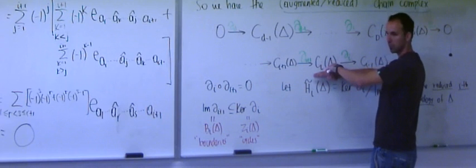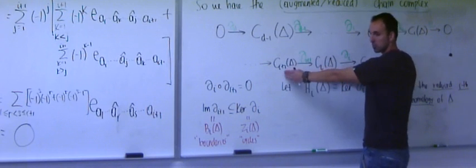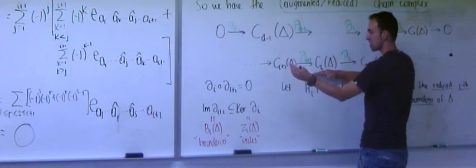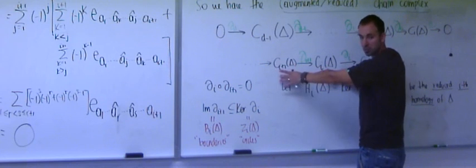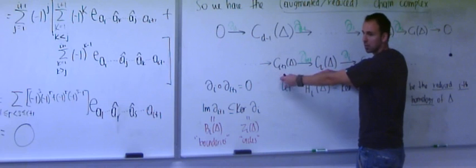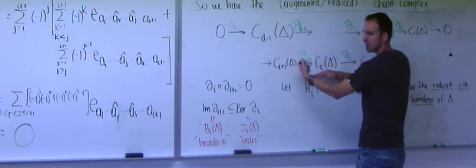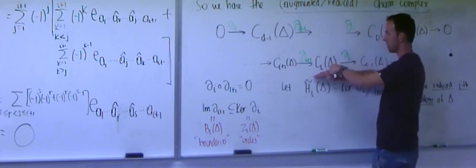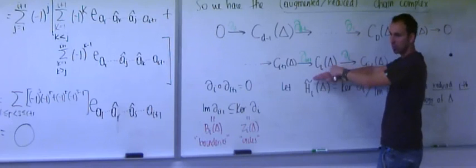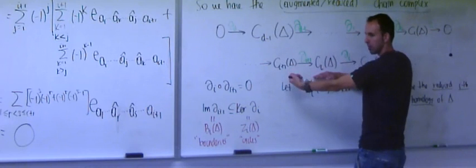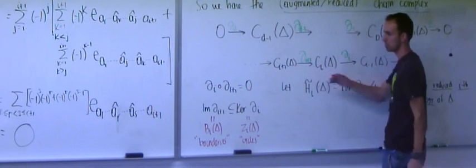How do you get to live here? You get to live here if you come from here. The things that are here are the I plus 1 simplices, and what this map does is that it takes an I plus 1 simplex and it takes the boundary. So that means that you get to be the image of something here if you are the boundary of I plus 1 dimensional faces.